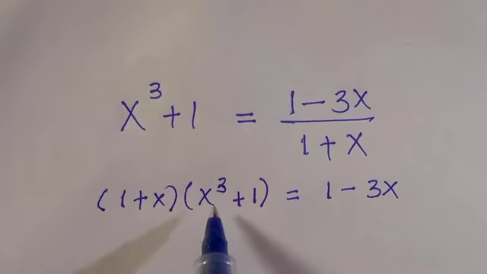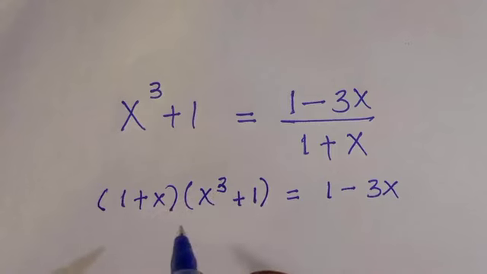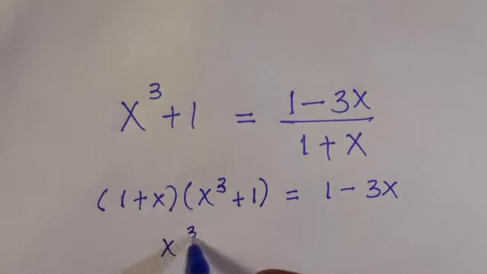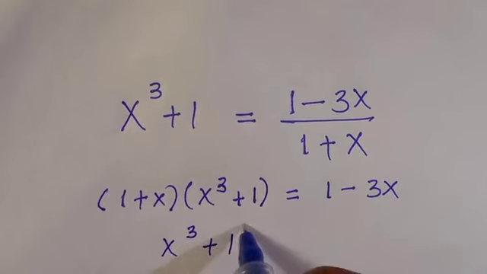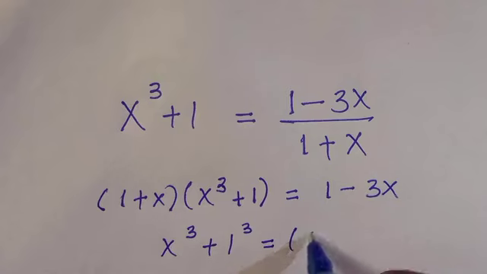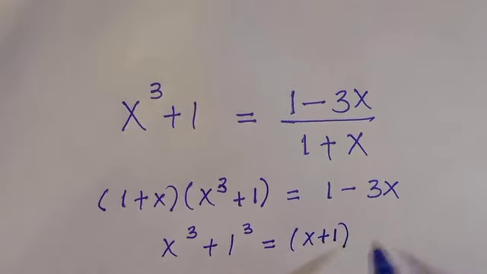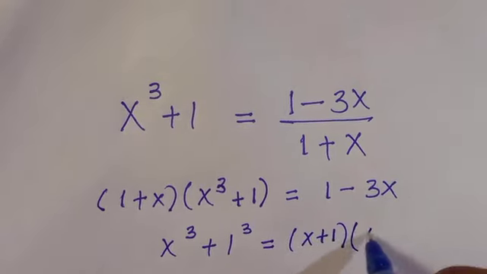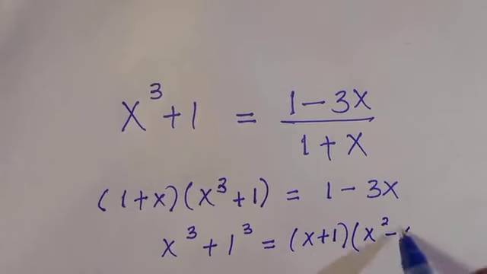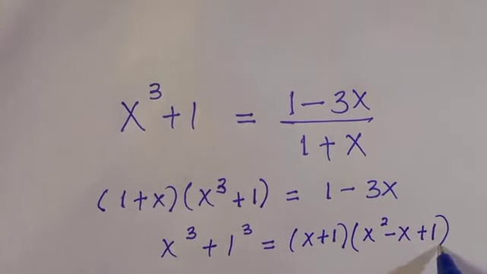And with this, which is x cubed plus 1, suppose I have it as x to the power 3 plus 1 to the power of 3, which gives x plus 1 bracket x squared minus x plus 1 all bracket.